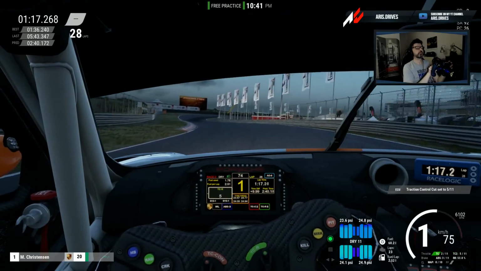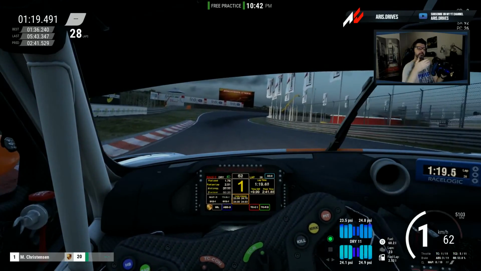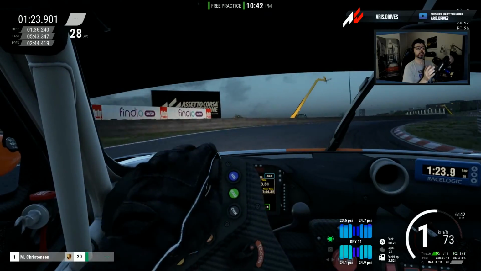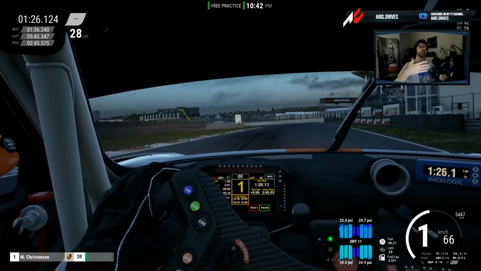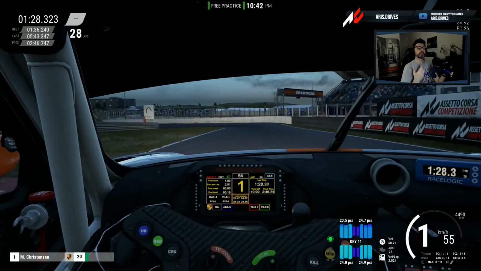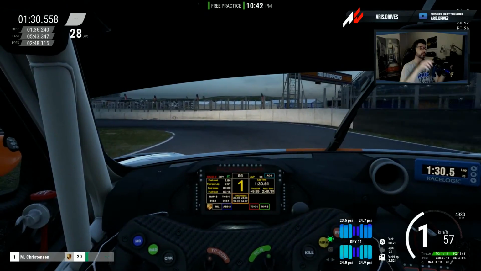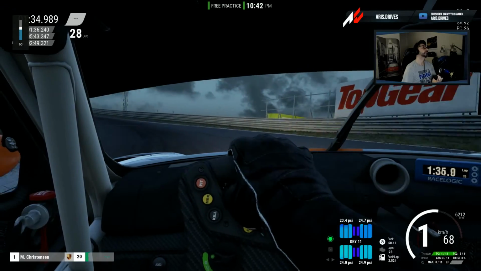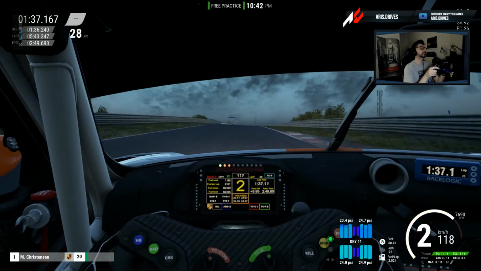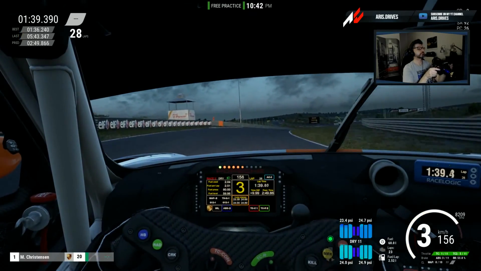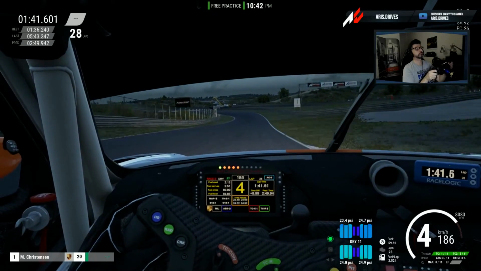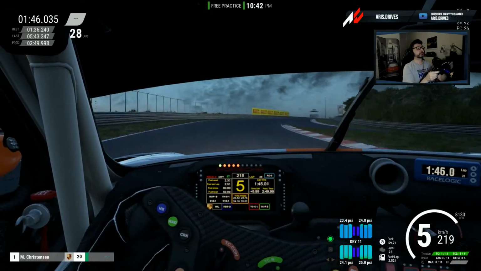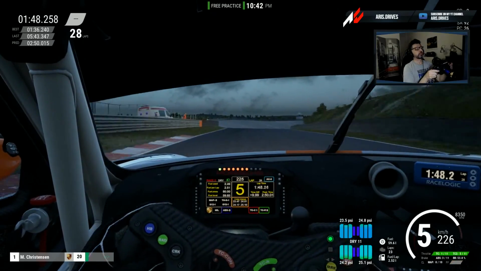Right. So we know that with traction control 1 at level 1, we normally have lots of power oversteer. But now we have traction control 1 at level 1 and traction control 2 at level 5. Okay, let's see. Listen to the engine.